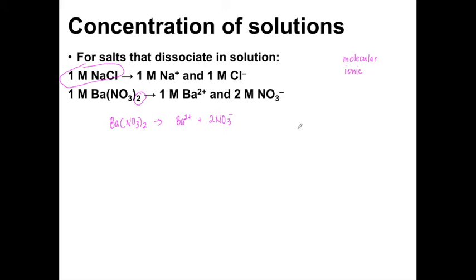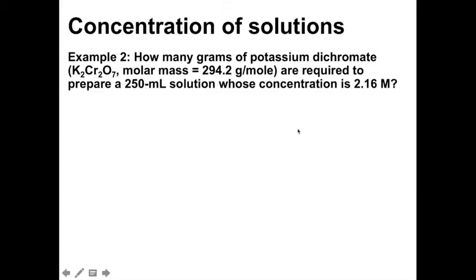Okay, so let's try solving a problem related to ionic solutes. How many grams of potassium dichromate, with the chemical formula and molar mass given here, are required to prepare a 250 ml solution whose concentration is 2.16 molar?